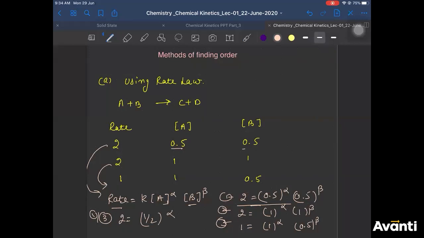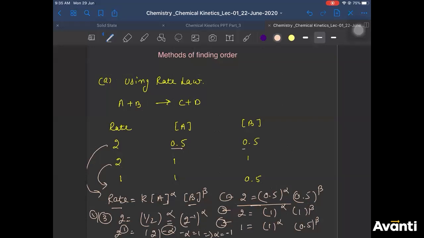You can also write 1 by 2 as 2 power minus 1 power alpha, which can be written as 2 power 1 is equals to 2 power minus alpha. When you compare the powers, you get minus alpha equal to 1. This implies that alpha is equal to minus 1.